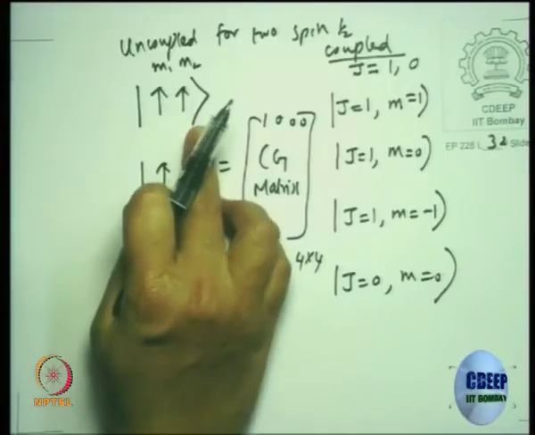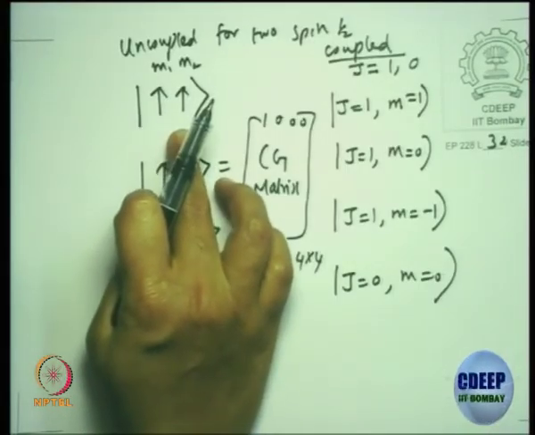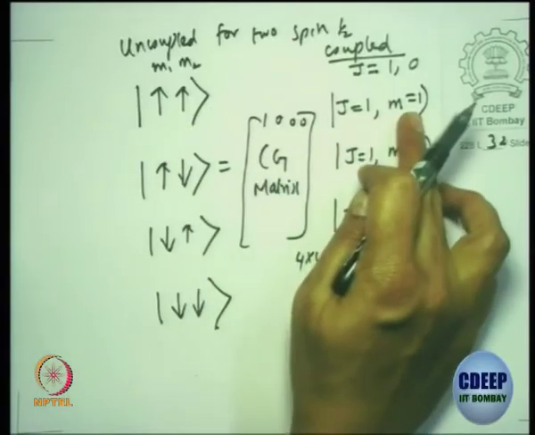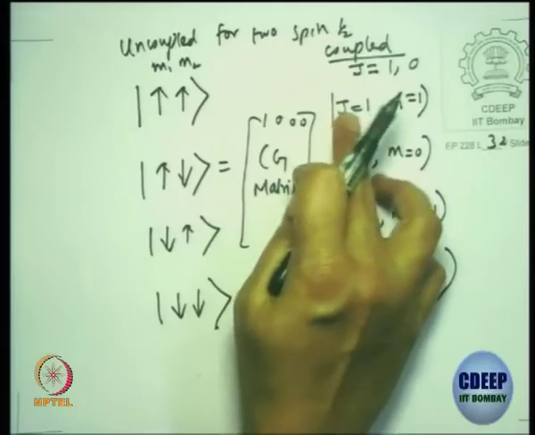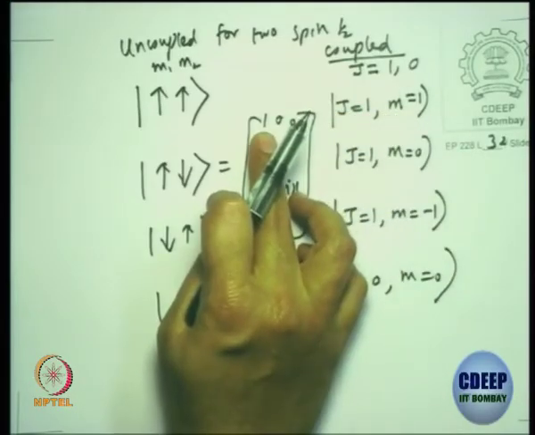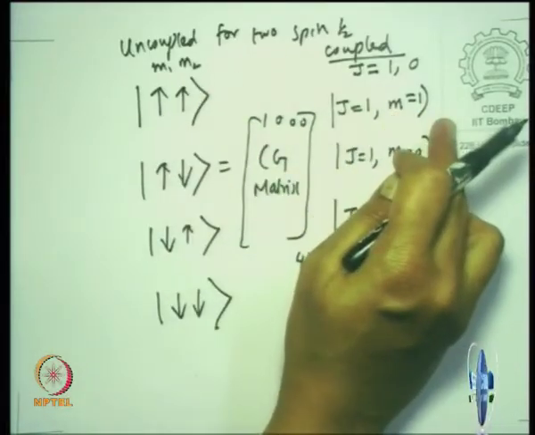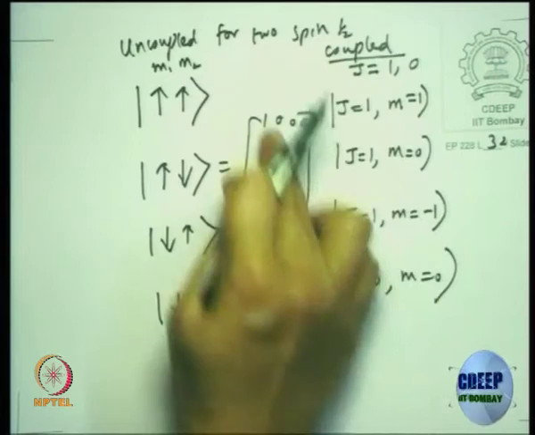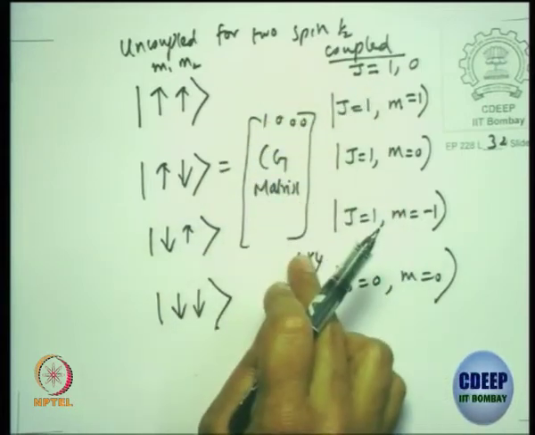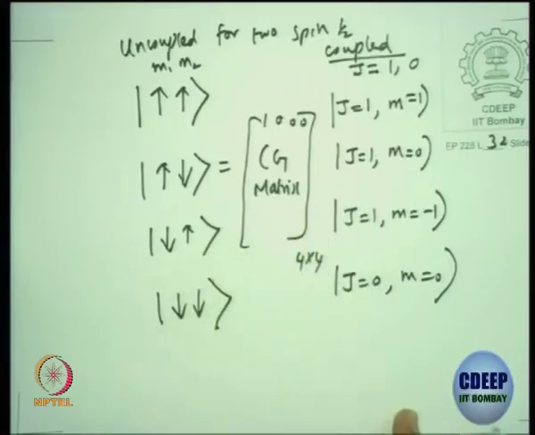This state is a stretch state. I said that the coefficient of this is 1, provided m1 plus m2 is m equal to 1. Others are all 0, so these are all 0 in the 4 by 4 matrix. Now we need to work out the other 3 rows.